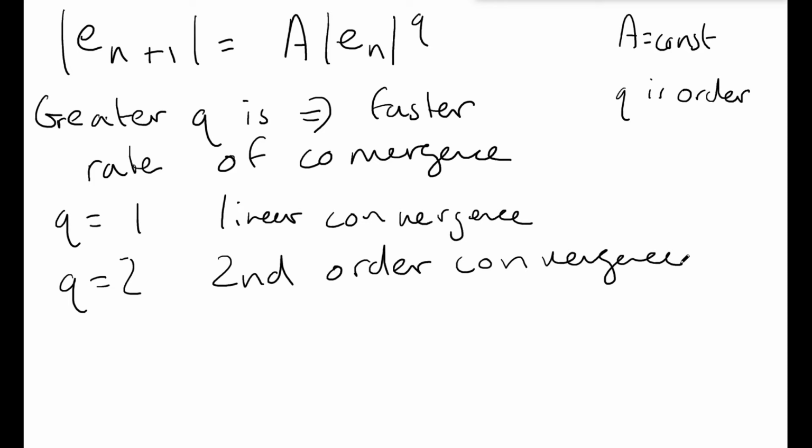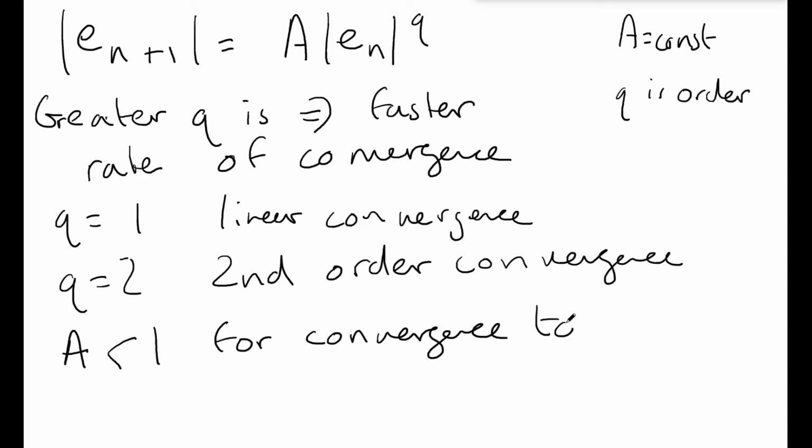Okay, so this is why I'm sort of laboring. Of course, we haven't said much about this constant a. A has to be less than 1, right? Because the error has to decrease with time, whatever q is, for convergence to happen in the first place.